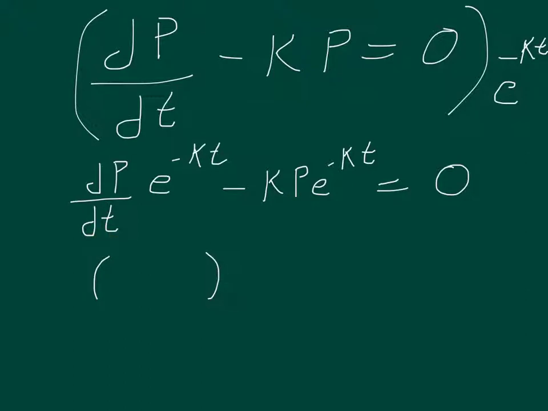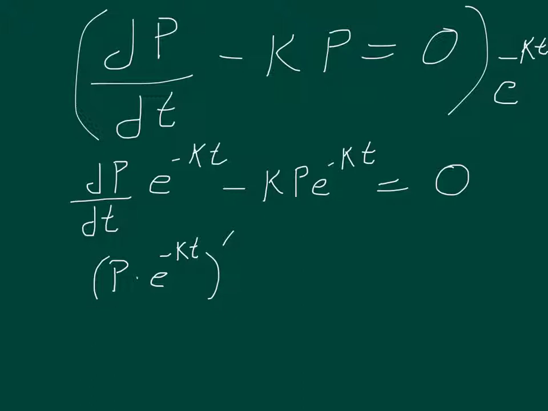And when you look at e to the negative kt, if you take the derivative of that, you find out that it is e to the negative kt multiplied by negative k, and that happens to be exactly what we have here. And so our product derivative would be p multiplied by e to the negative kt. And that's our product derivative.